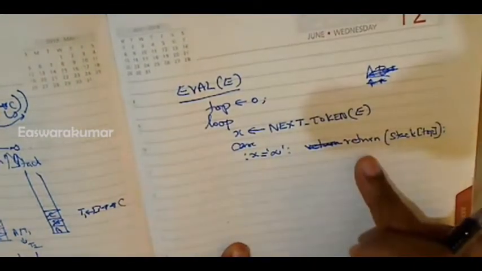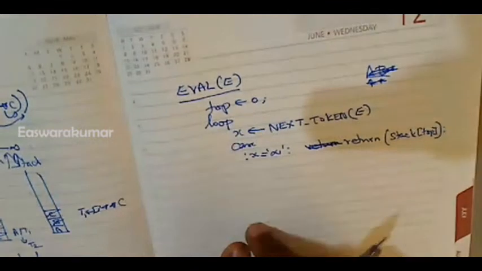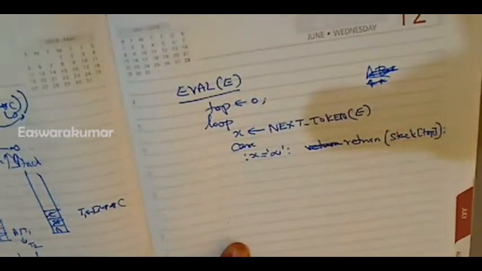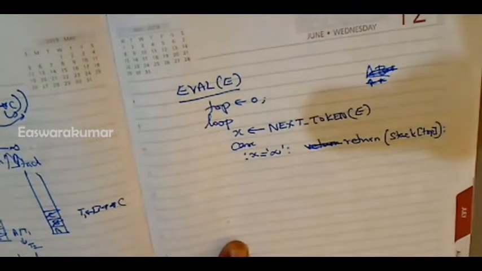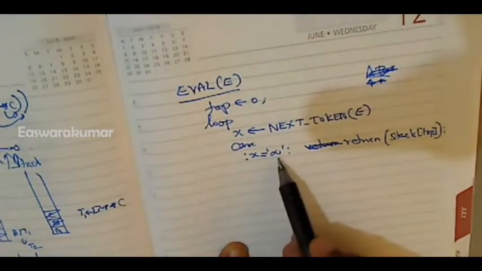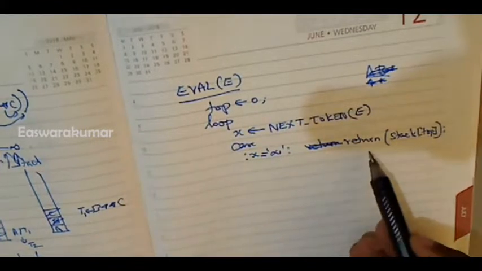So this is a termination condition. Whenever you are writing an infinite loop, there should be at least one termination condition. Otherwise, it cannot be an algorithm, because an algorithm is supposed to terminate after a finite amount of time. If it is not terminating, it is not an algorithm. So remember that. Whenever this infinity comes, it will terminate.